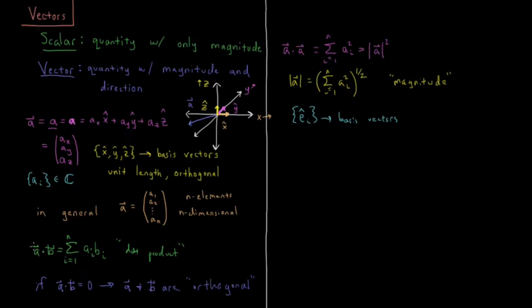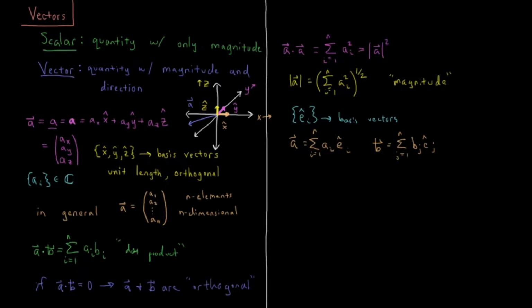So remember, A is equal to the sum, i equals 1 to n of A sub i E sub i. Similarly, B is equal to the sum, let's say a different index, j equals 1 to n of B sub j E sub j.